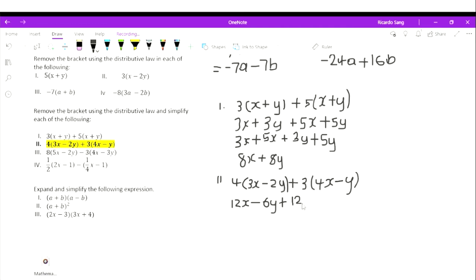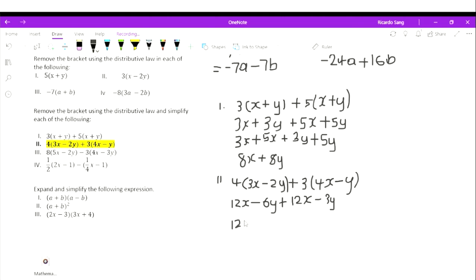That is going to become 12x again. Three times y is y, that will be minus 3y. 3 times y is 3y. So now we can just put like terms together and then add them up again.